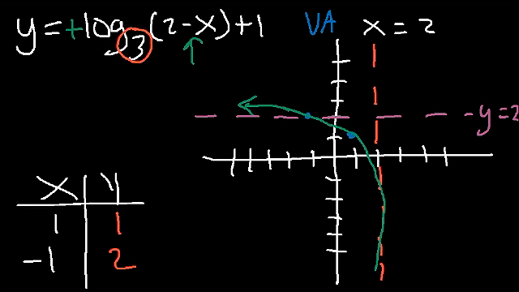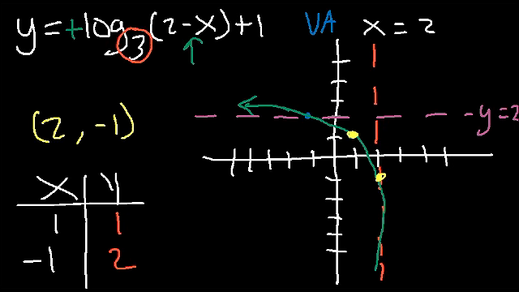So if you switch x and y, we're still going to get a point at 1, 1, but I need to use a different color. So I'm going to use yellow for the inverse function. Now for the second point, negative 1, 2, we need to change it to 2, negative 1. So x is 2, y is negative 1. So 2, negative 1 should be somewhere in this region.